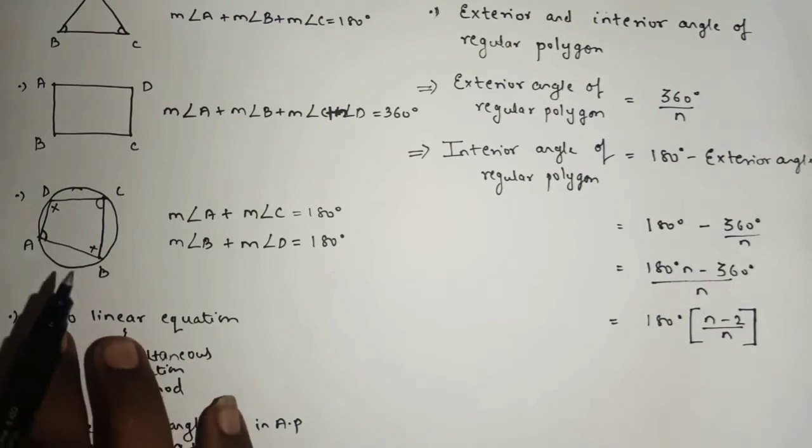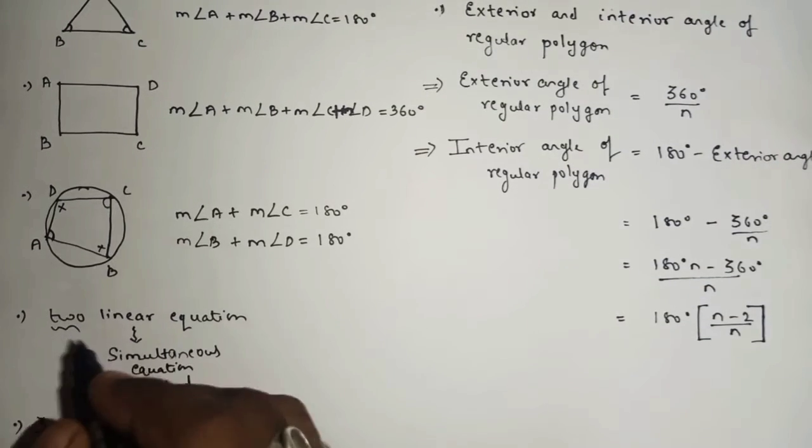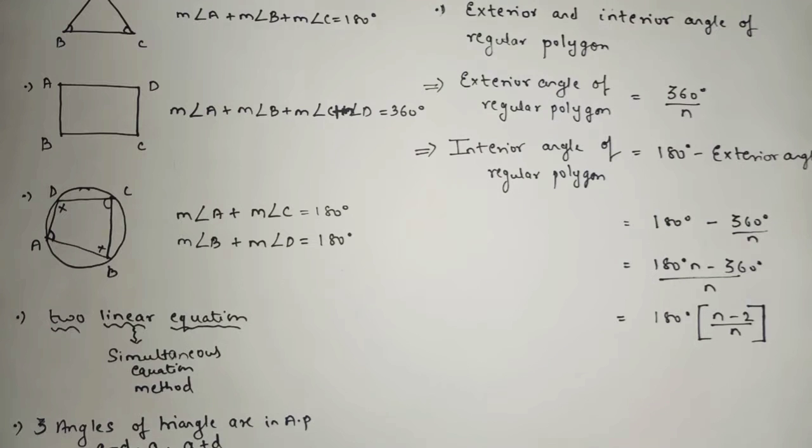Suppose in a statement sum, after reading the question, you come to the conclusion that you got two linear equations. As we know, whenever we have two linear equations, there are many methods to solve and find the answer of x and y.